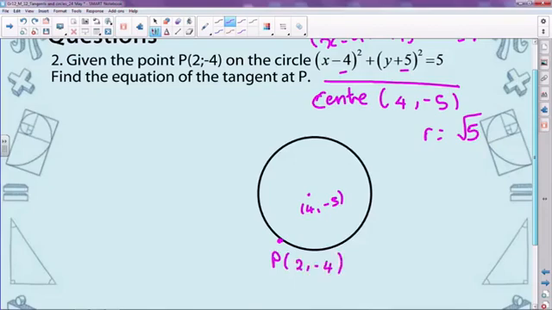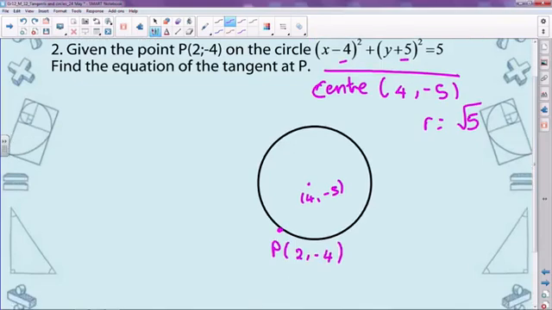We know that it's a tangent, so it touches the circle at just one point. If I draw a line in, we've got that line touching at this point P. They said, find the equation of this tangent.